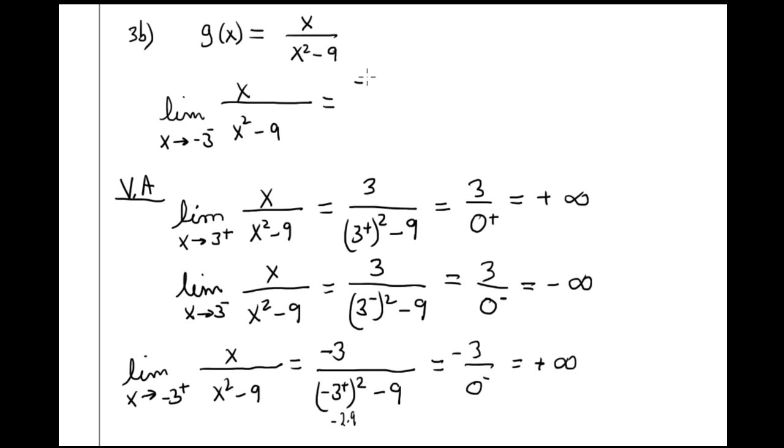This is -3 over -3 minus squared minus 9. -3 minus is like -3.1. When you square it becomes greater than 9, so this is 0 plus. -3 over 0 plus is negative infinity.